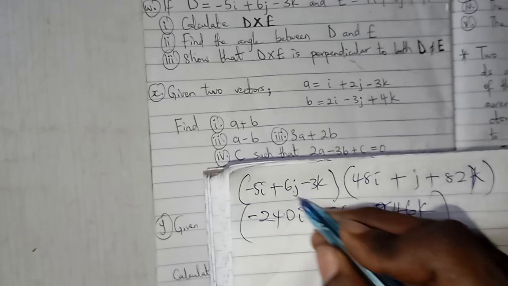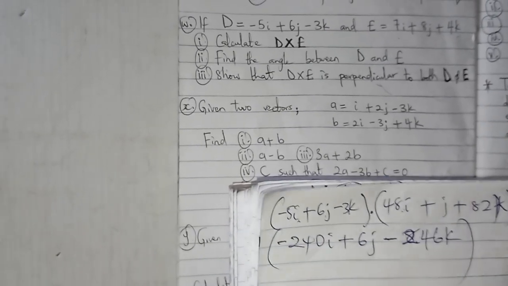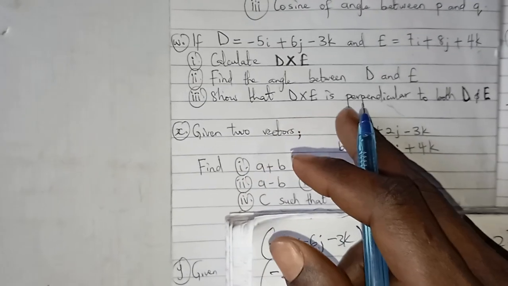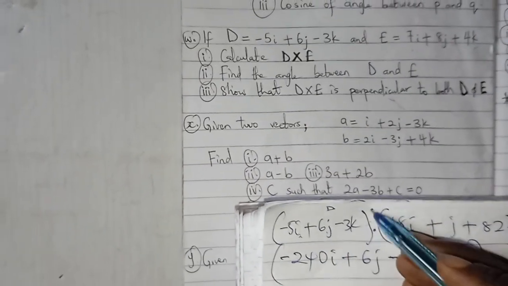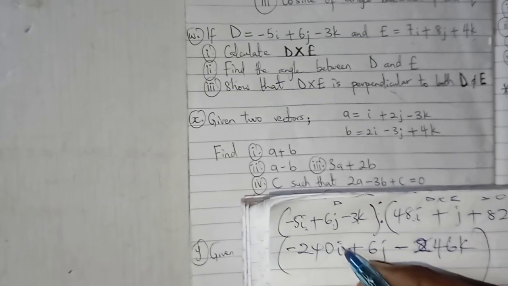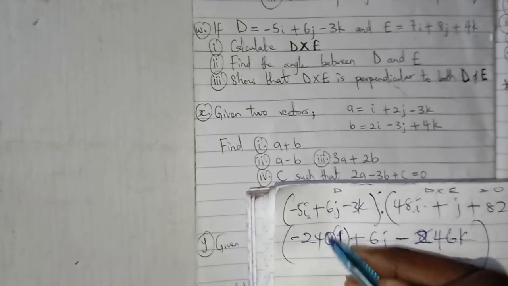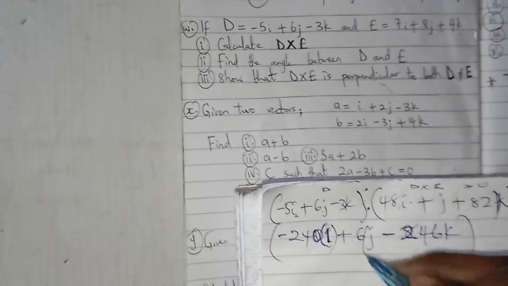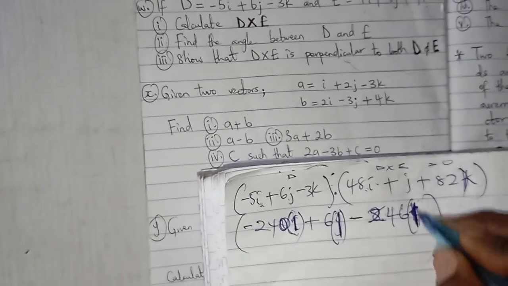And notice the I and I, J and J, K and K dot products. When they say show that D cross E is perpendicular to both D and E, it means that when my D dots D cross E, it should give me 0. I dot I will be 1, J dot J should be 1, and K dot K should be 1.